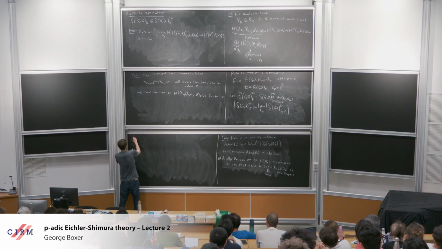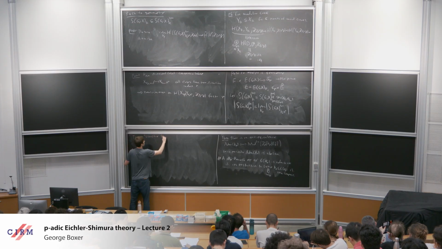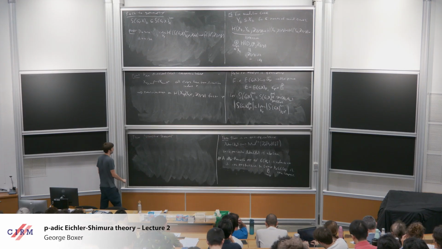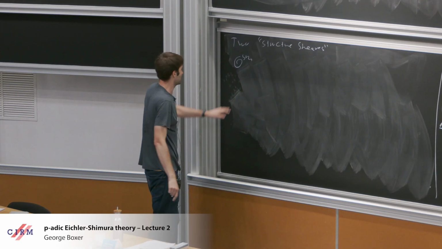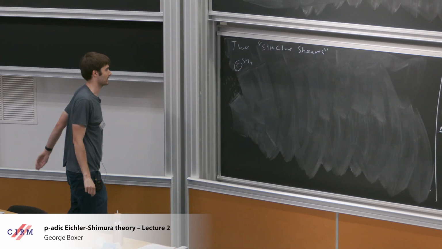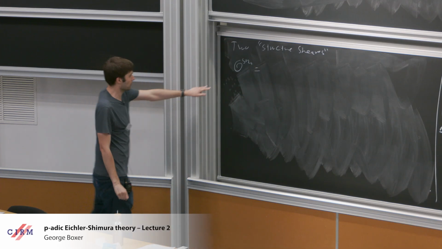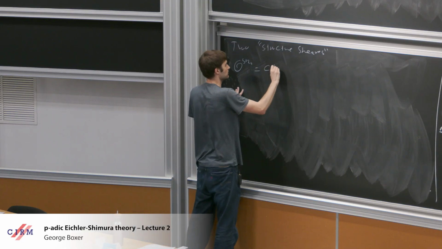So we have two structure sheaves. The first one, I'm going to call O^smooth. Maybe in our notation there's some subscript, but I'm just not going to write it. So O^smooth is just the thing that you get by taking the colimit of the structure sheaves at finite level.